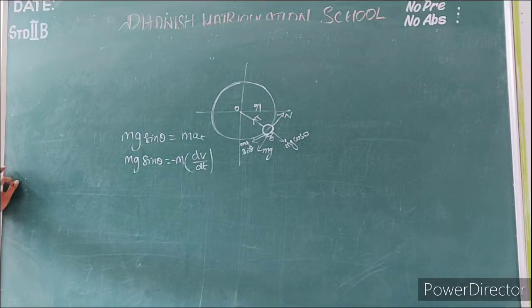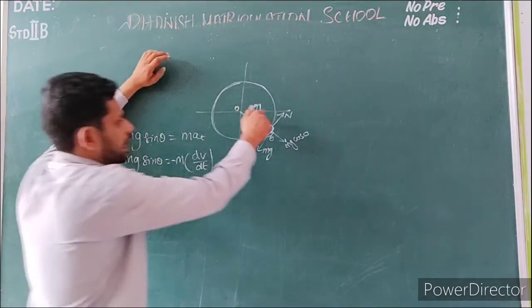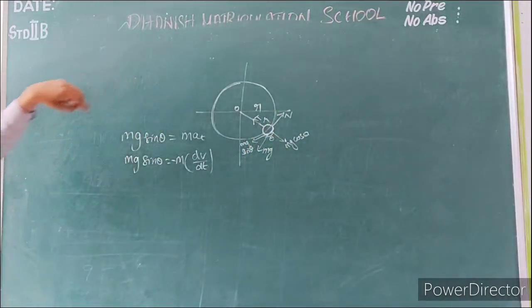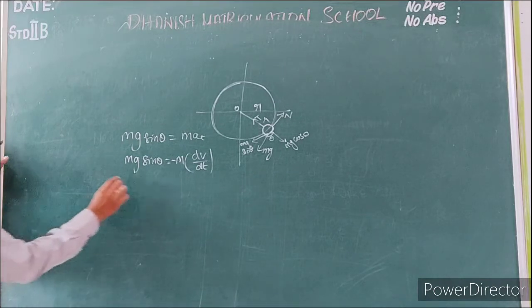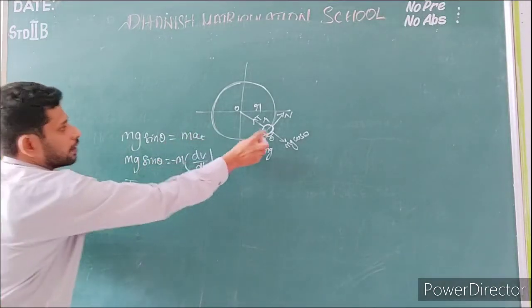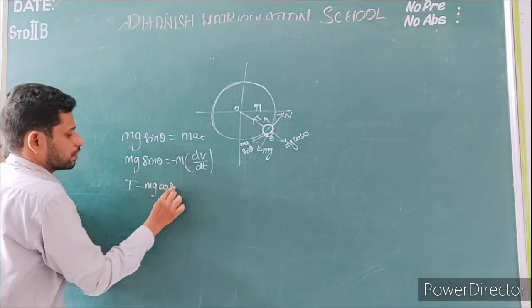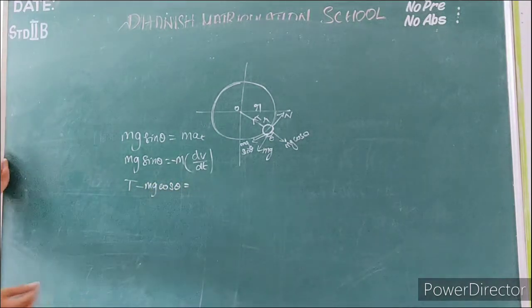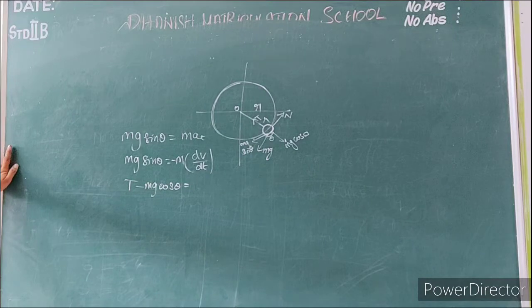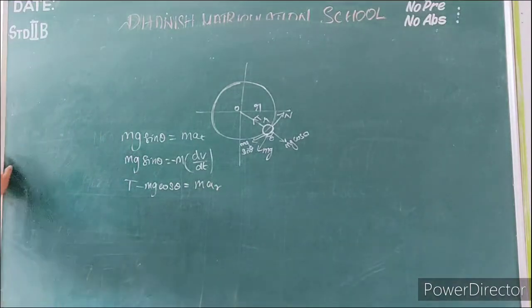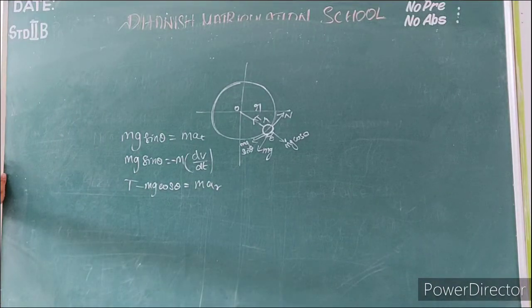Now, what will happen in the radial direction? This direction is called the radial direction. In the radial direction, tension and mg cos theta, with mg cos theta in the negative direction, will be equal to the force acting in the radial direction, m a_r, mass into acceleration in the radial direction.